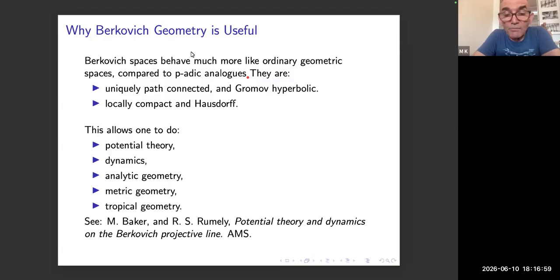A lot of it has been generalized by Matt Baker and Rumely in the book Potential Theory and Dynamics on the Berkovich Projective Line. You can read a lot about the hard analysis, analogs of complex analysis, they do over these spaces.